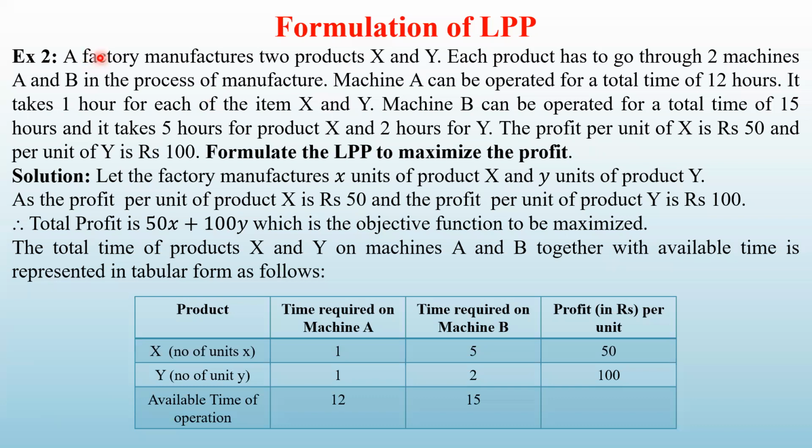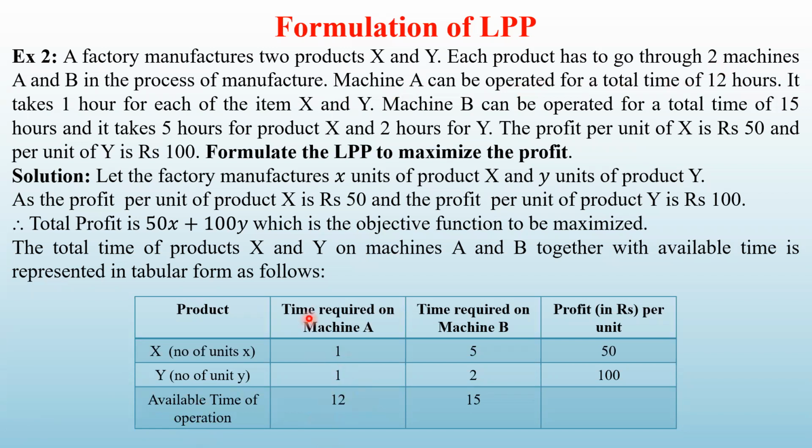So read it. FFG manufactures two products X and Y. Each product has to go through two machines. So ये दो product हो गए, ये दो machine हो गया. A and B in the process of manufacturing. Machine A can be operated for a total time of 12 hours. So look at here. Available time of operation. This is the last row. So machine A का available time कितना है? 12 hours. So this is what I've written.